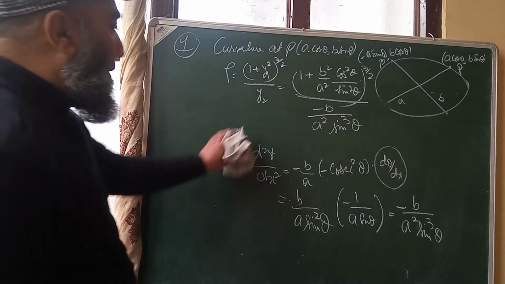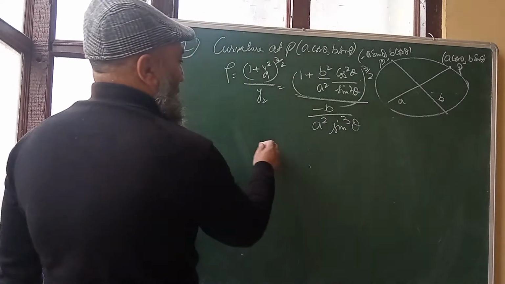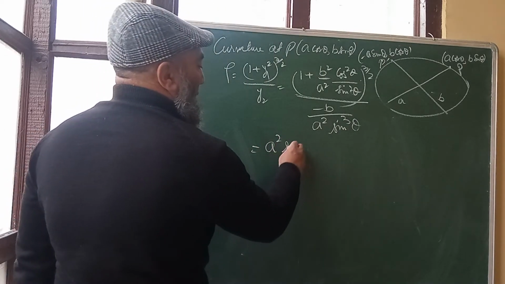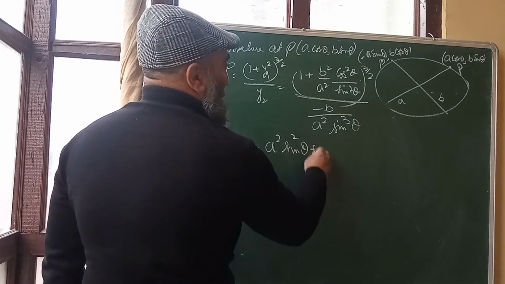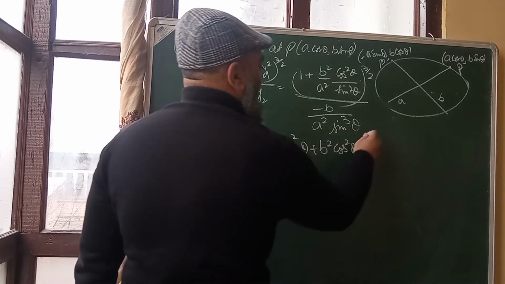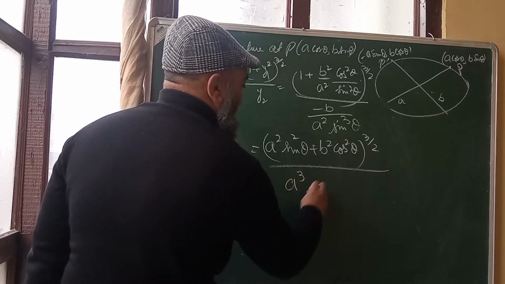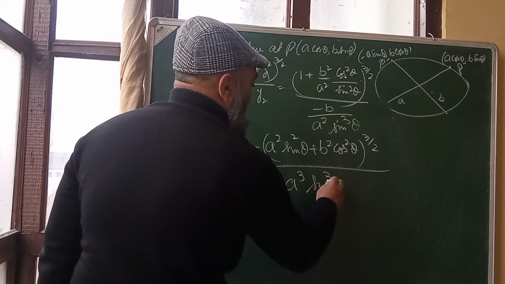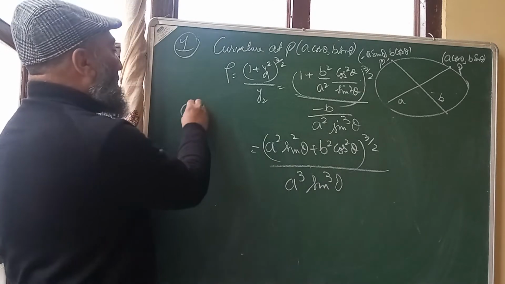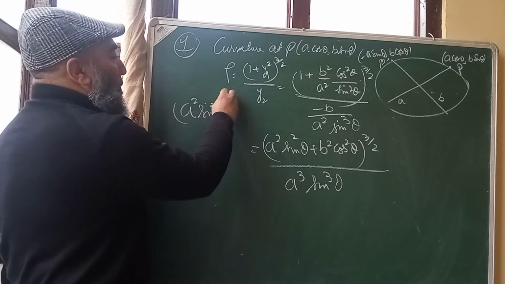Fine? Or you have A square sin square theta plus B square cos square theta raised to the power 3 by 2 divided by A cube B cube, A cube sin cube, because it is A square sin square raised to the power 3 by 2.